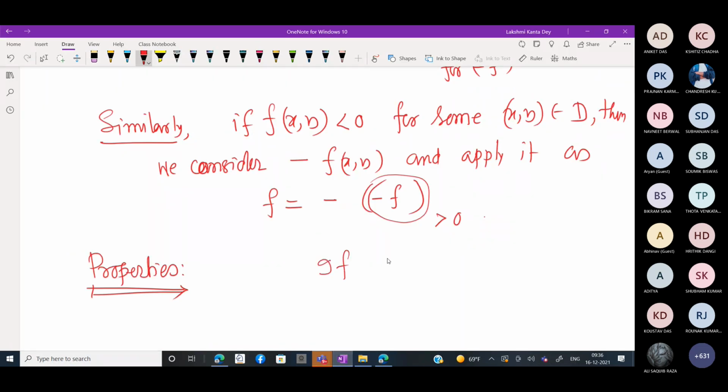If your f is k for all x comma y belonging to R, a rectangle, then what is happening?